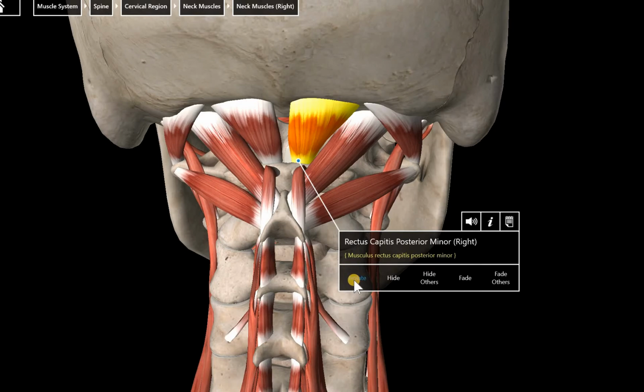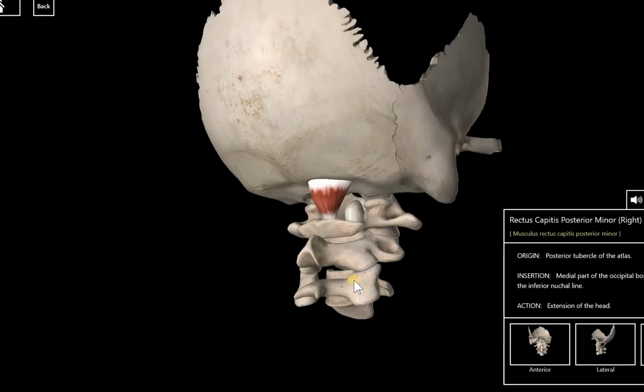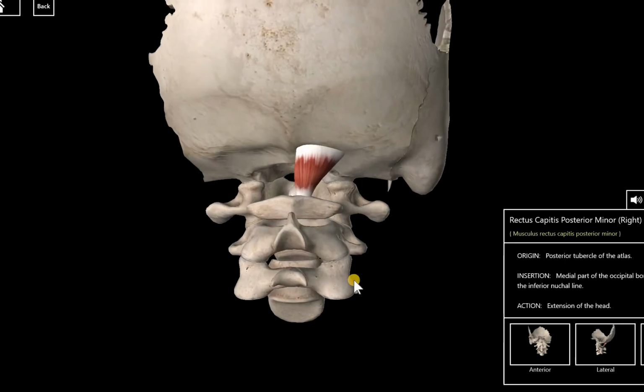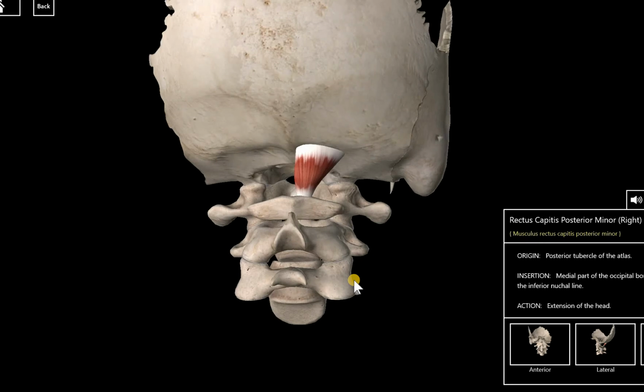Okay, let's isolate it. Now I'm picking the right side for no particular reason. The same would apply to the left. We have origin on the atlas and insertion on the inferior nuchal line.